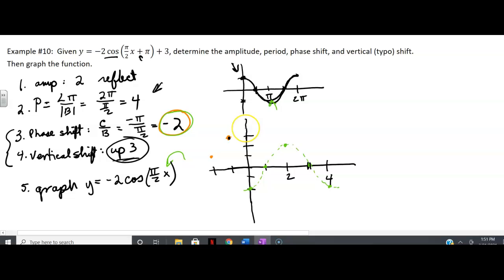I feel like it's off a little. So maybe it's up right about there. And then the point that was at 3, 0, go back 2 and up 3. And then the point that was at 4, negative 2, go left 2 and up 3. And it pretty much holds true there.